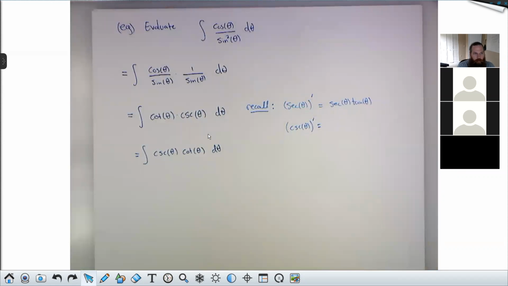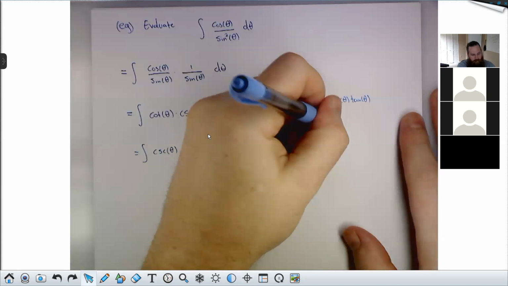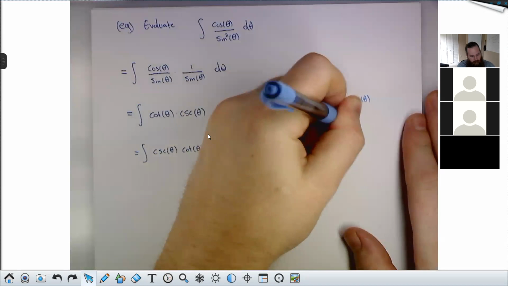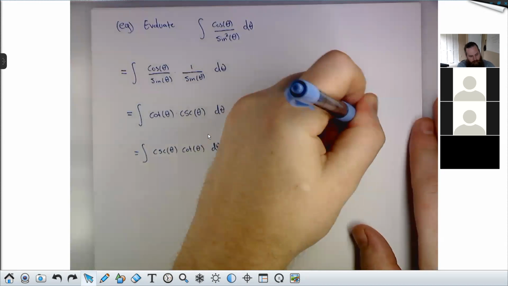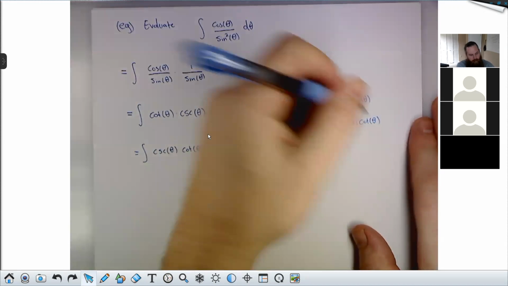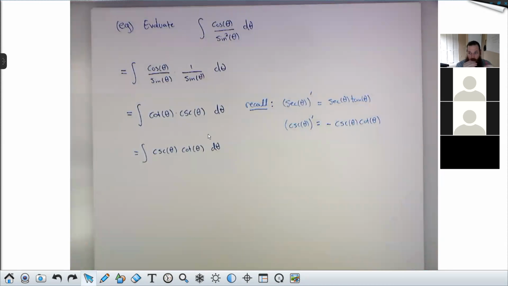What is the derivative of cosecant theta? Cosecant, cotangent, almost. It's negative cosecant, cotangent. So there's this neat pattern with functions and their co-functions as far as derivatives are concerned.